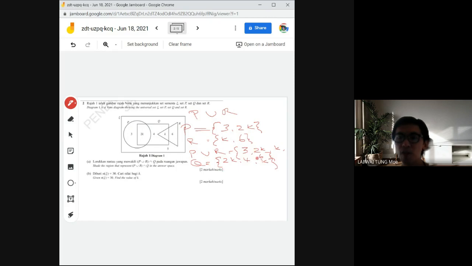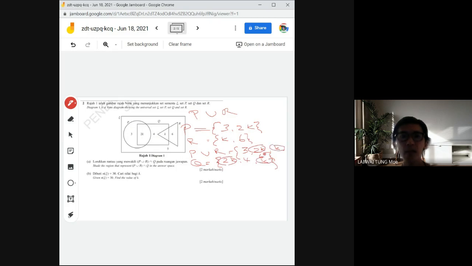Intersect means you have to find the same elements. If this is 3, 2K, and K, and this is 2K, 4, and K, which ones are the same? It's 2K and also K.